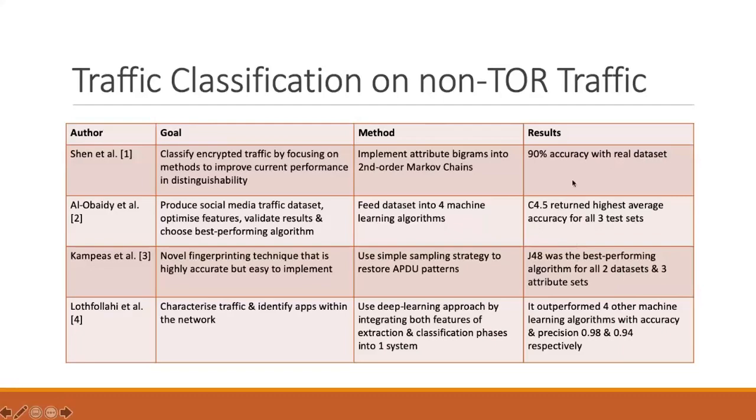The first paper here used second order Markov chains and obtained 90% accuracy, while the fourth paper used deep learning and compared its results with four machine learning algorithm results. Deep learning outperformed the others and obtained 0.98 accuracy and 0.94 precision, respectively.